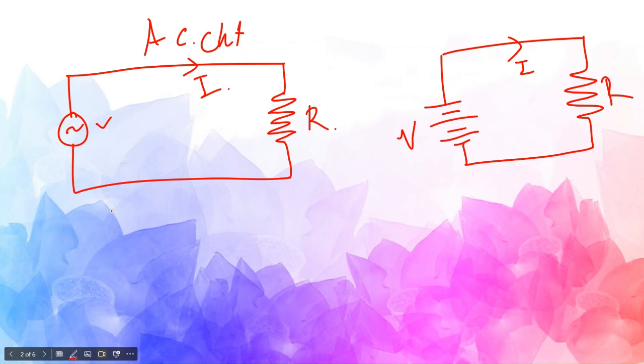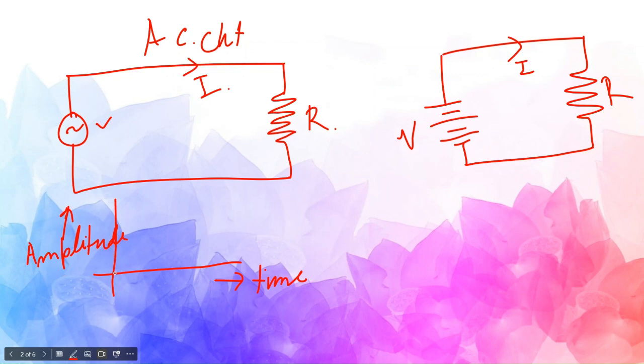Now if we look at the waveform, this side is amplitude, and this side is time. Amplitude can be current or voltage, both.